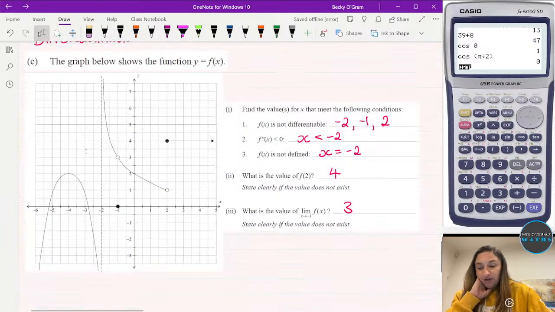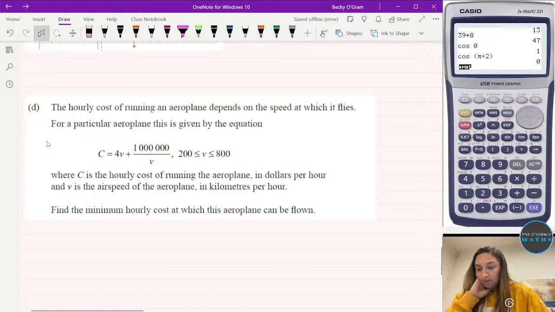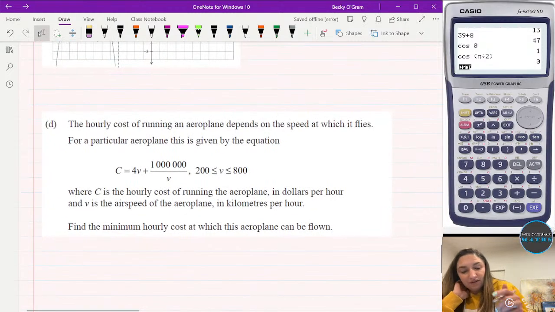Let's get a differentiation one. Okay, this is the differentiation.